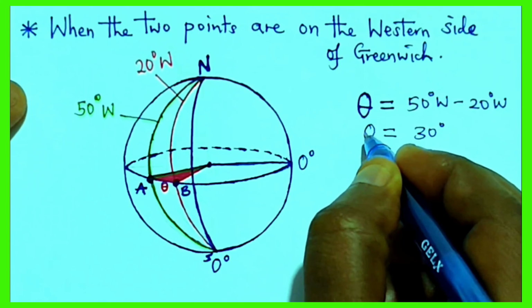And then when the 2 points are on either side of Greenwich, so this is the Greenwich meridian here, and then I've got a longitude on the eastern side and another longitude on the western side. So this longitude here is 45 degrees east, this longitude here is 50 degrees west. So this is where point A and point B are found.